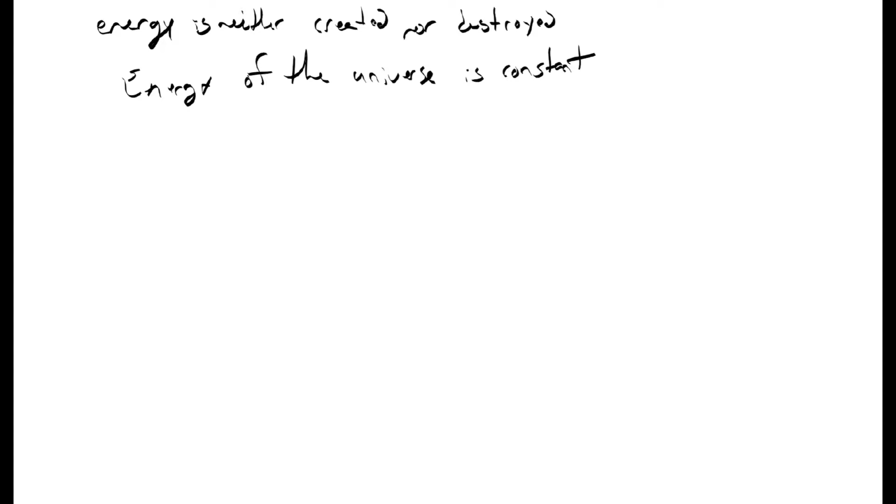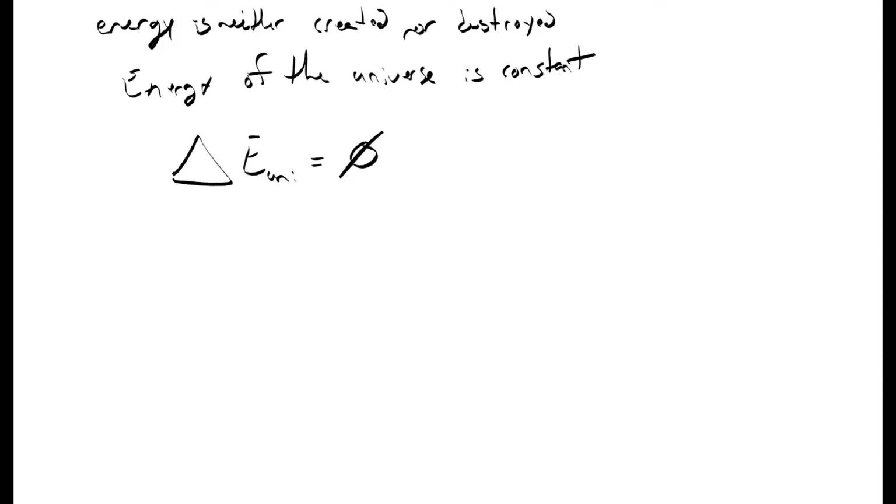So the total amount of energy contained in the universe is constant. It doesn't change. You can't get any more, can't get any less. Whatever there is out there is all we have. But if it's never changing, that means that delta E of the universe equals 0. If it were positive, we'd be gaining energy. If it were negative, we'd be losing energy. We're not doing either. So the change in energy of the universe is 0. That's what it means for it to be constant.